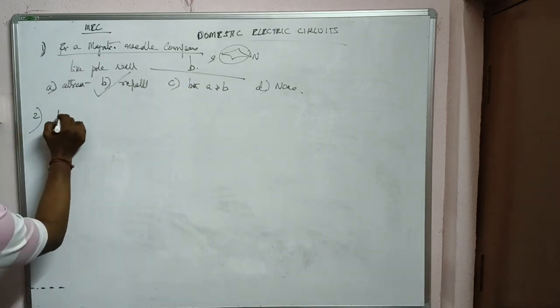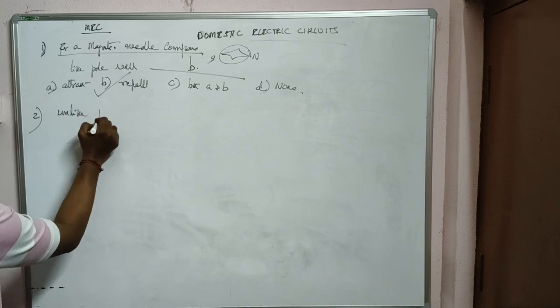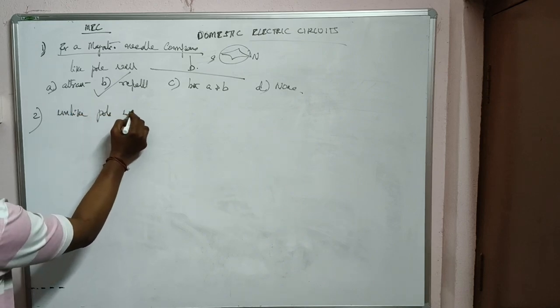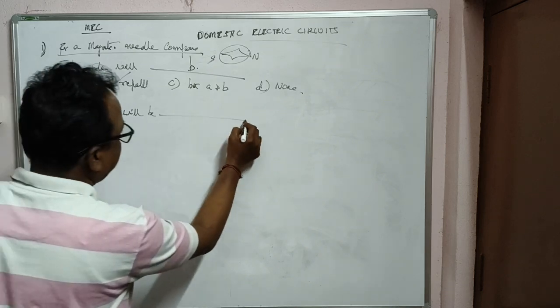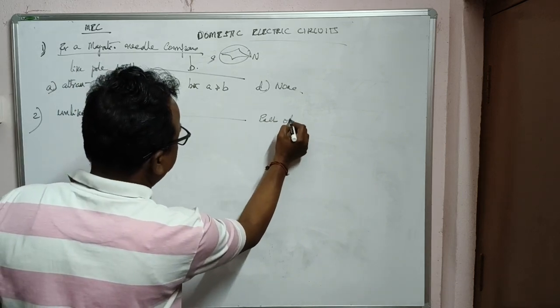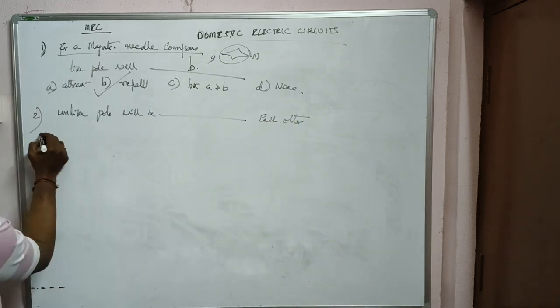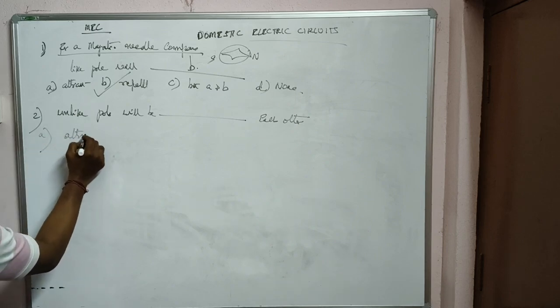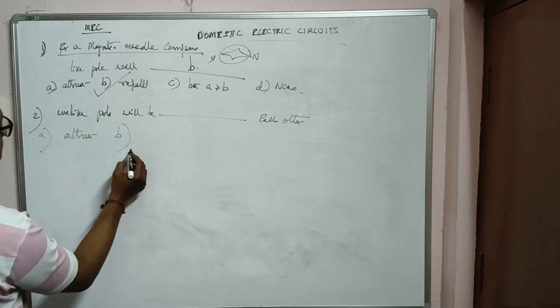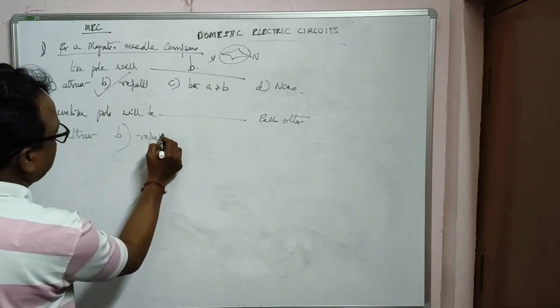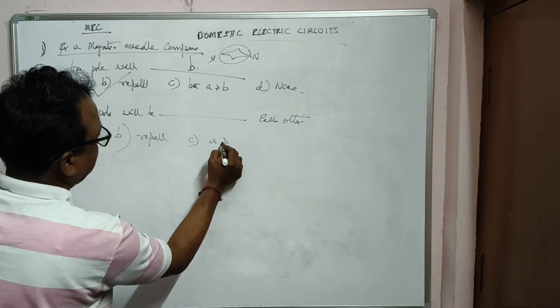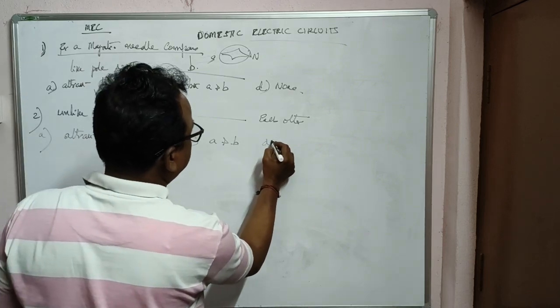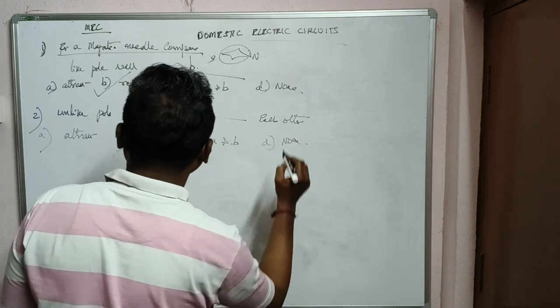Second one, unlike poles will be dash each other. A attract, B repel, C A and B, D none.